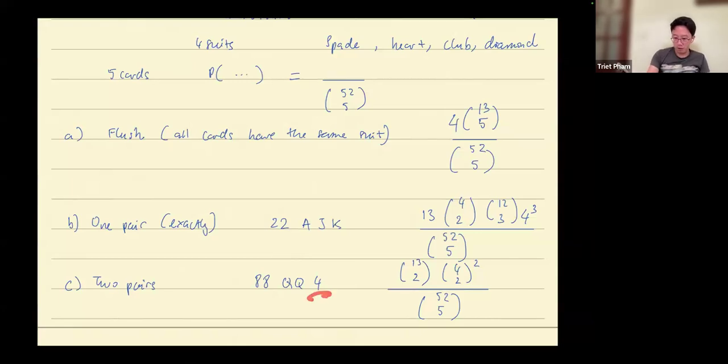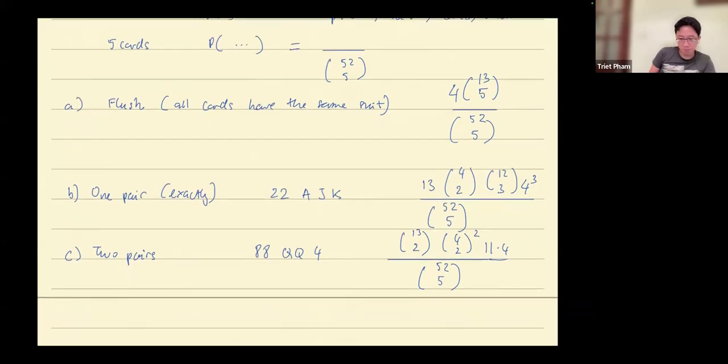And then the last card must come from the remaining 11 denominations, each of which has 4 possibilities. So 11 times 4. Or, like 44 cards remaining after you selected your pairs, which is the 8 cards from the two pairs. Any question? All right.